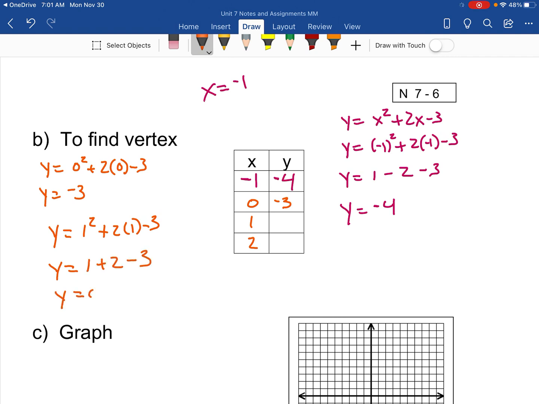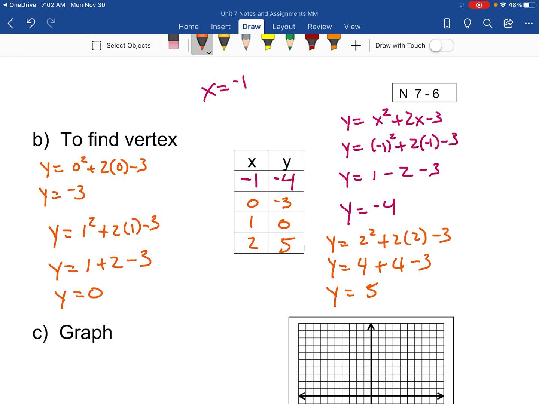We see that y is 0 when x is 1. And then finally, I will need one other point. I want to see what y is when x is 2. 2 squared is 4. 2 times 2 is 4. 4 plus 4 is 8. Minus 3 is 5. So I've got some points.